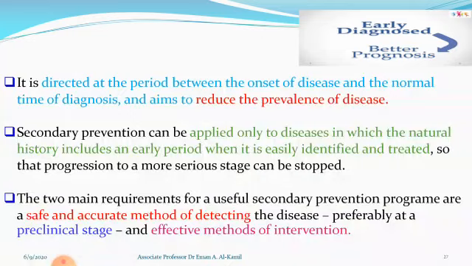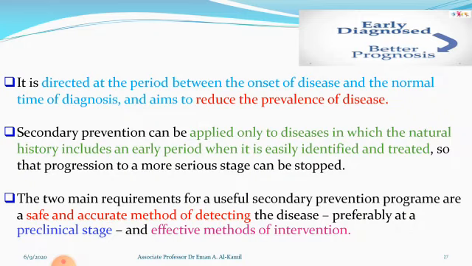So it is directed at the period between the onset of the disease and the normal time of the diagnosis, and it aims to reduce the prevalence of the disease. Secondary prevention can be applied only to diseases in which the natural history includes an early period and when it is easily identified.